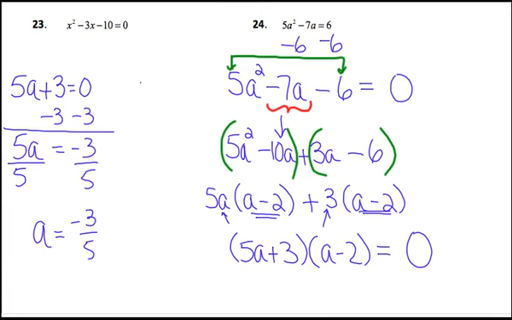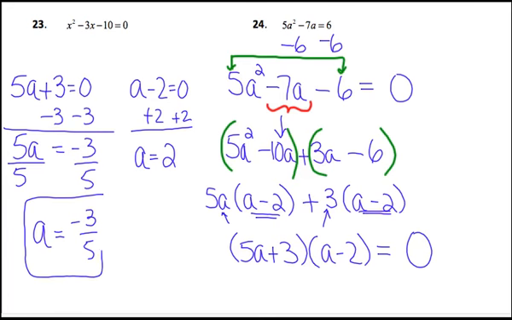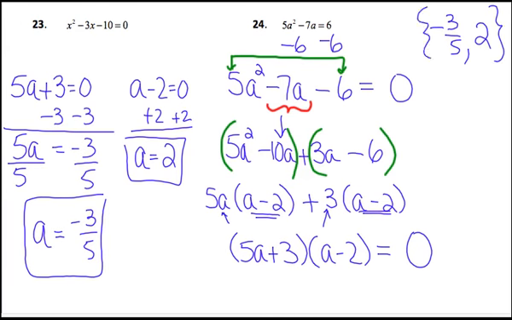And then I can set the other binomial, the a minus 2, equal to 0, and I can add 2 to both sides and find out that the other solution for this problem is a positive 2. So here's my first and my second solution. We'll often write that as a set. We'll say that negative 3/5 comma 2 is the set, so braces, of two numbers that work in that equation.